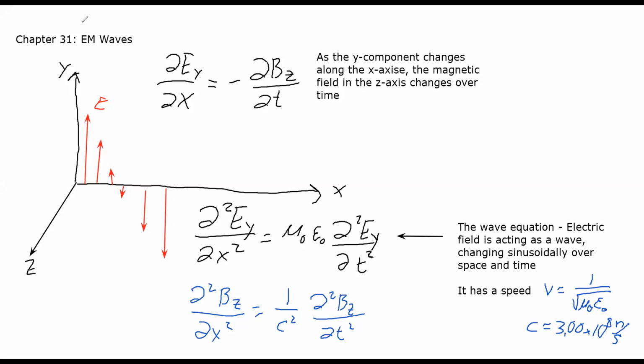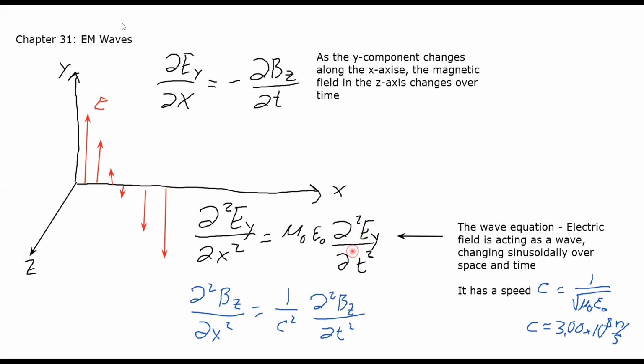The only difference, if you compare them, is this constant, so I just substituted using this equation here. I guess this should be a c, not a v. Well, v is just the speed of the wave, but we're talking about the speed of light, so I'm going to write this as c. Okay, so I just make a substitution there. Instead of these constants, I have 1 over c squared.